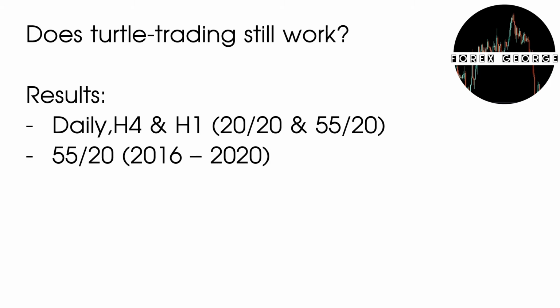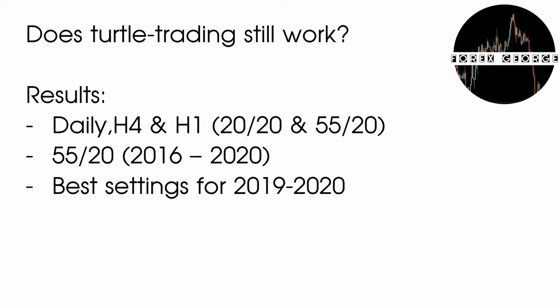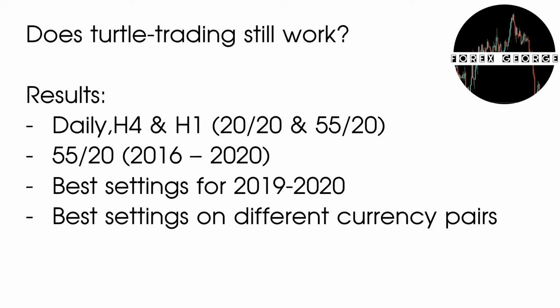I'll also show you one test from 2016 up until the end of 2020. I'll also show you the best settings I could find from 2019 to 2020, but those settings are not one of the defaults. It's not the 20-20 or the 55-20 system. And then I'll also show you those best settings traded over different currency pairs.